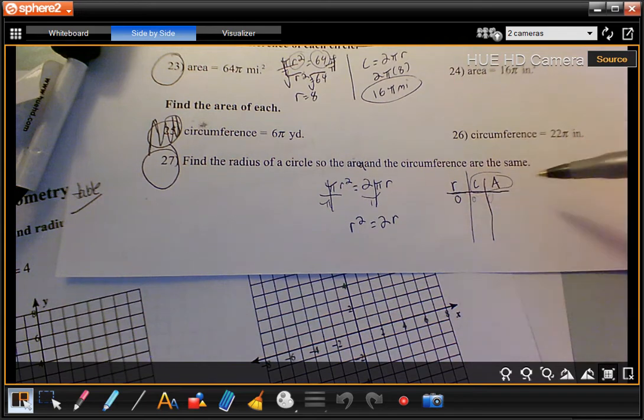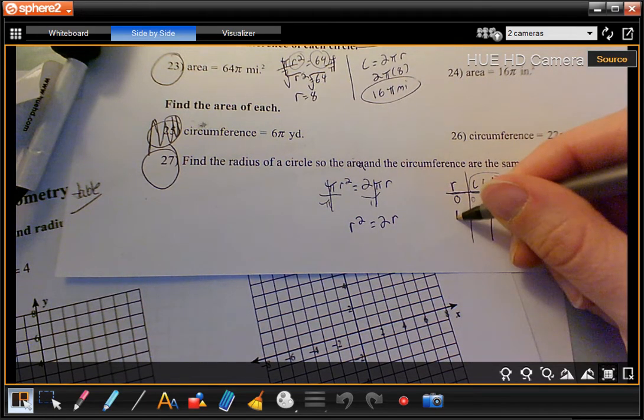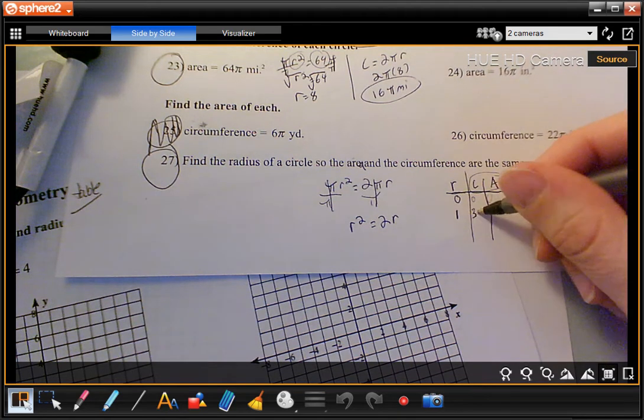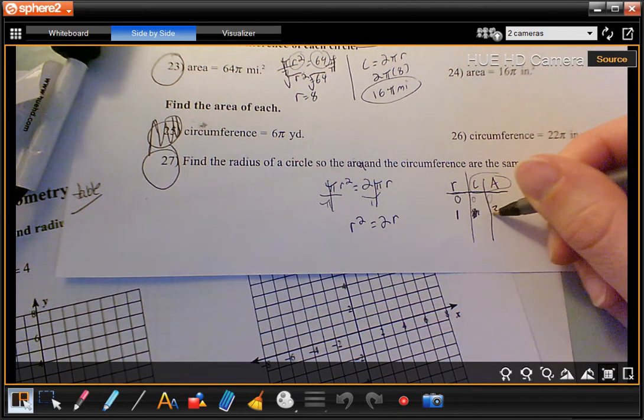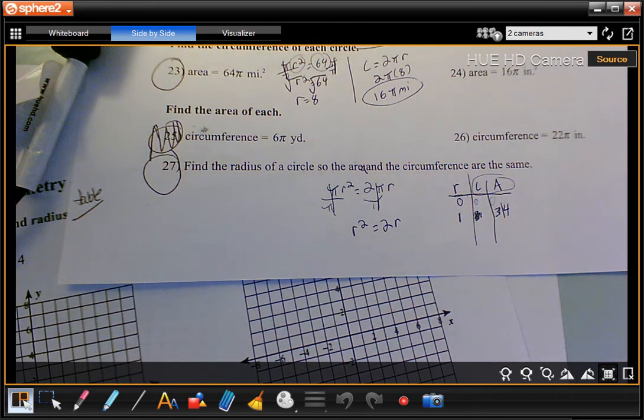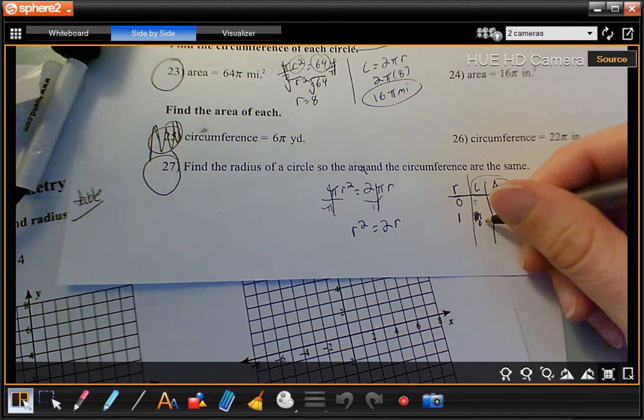Because you can't really have a radius of 0. So if we try 1, 1 squared is 1 times 3.14 would be my area. And if we go 1 times 2, that's 2 times 3.14, we will get 6.28. So those don't match.